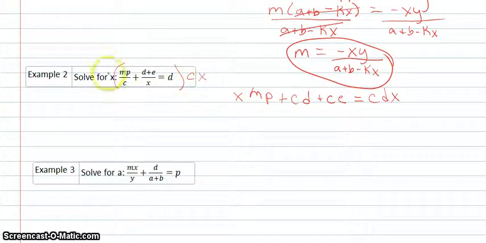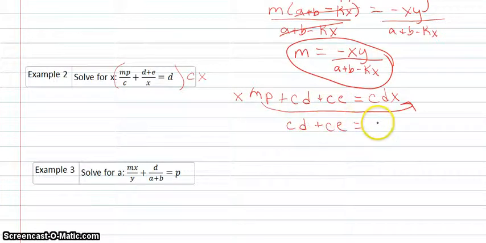Alright, now since we're solving for x, I need to get all the x terms together. So I'm going to just move this one by subtracting it on the other side. So I'll have cd plus ce equals cdx minus xnp.